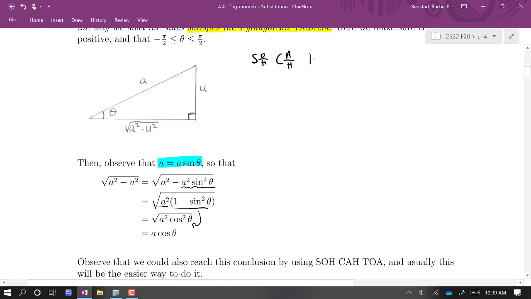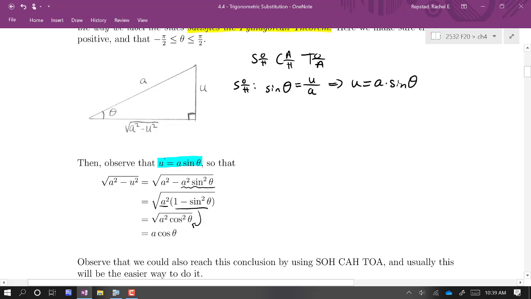That's easier. So if we look at this triangle here, for example, if I use the sine part of SOHCAHTOA, I get that sine theta is equal to opposite over hypotenuse, which is u over a, and that means that u is equal to a times sine theta.